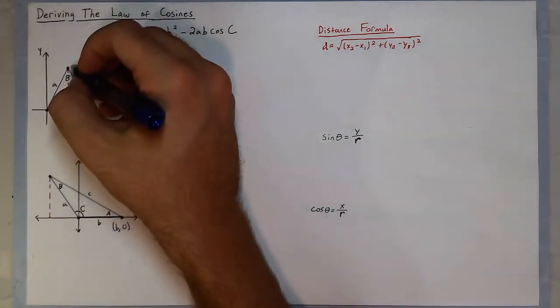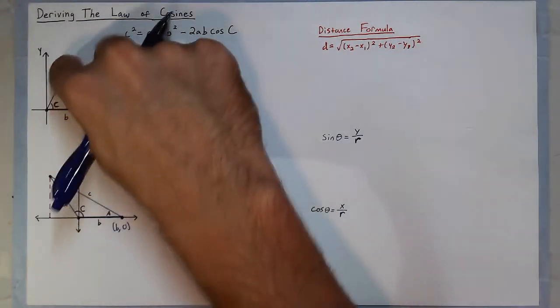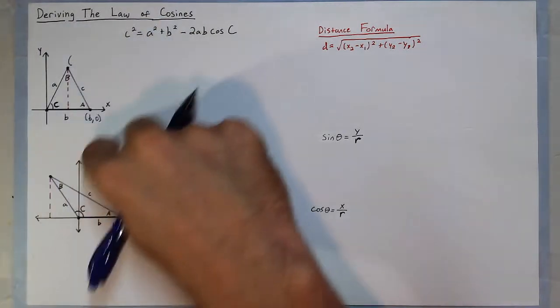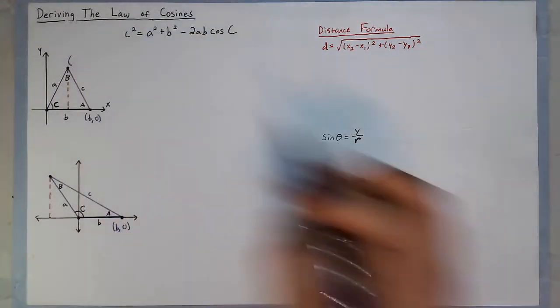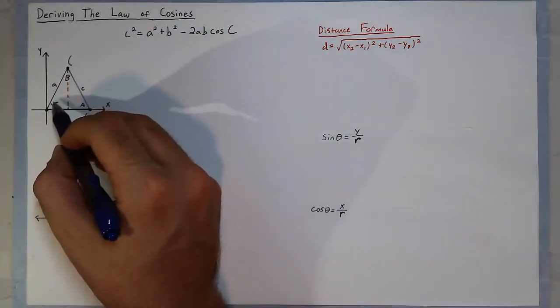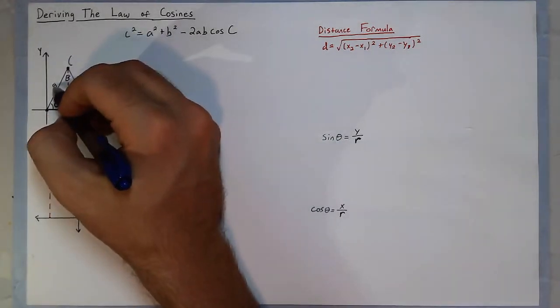So for my acute triangle, in order to find this coordinate, I'm going to imagine that I have a circle of radius A rotating around the coordinate plane. And I know that the sine value of an angle is equal to the y coordinate over the radius.